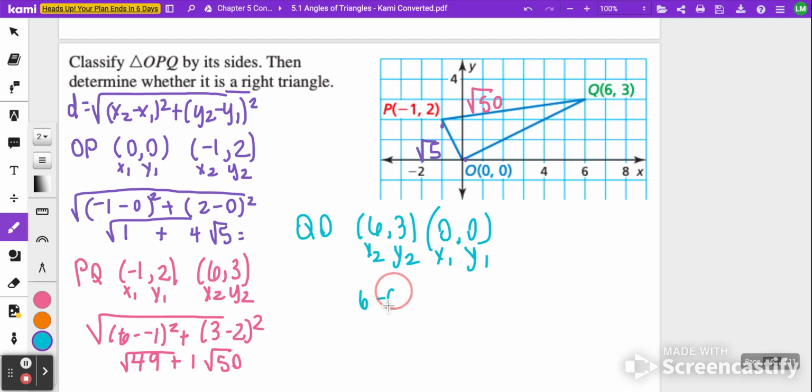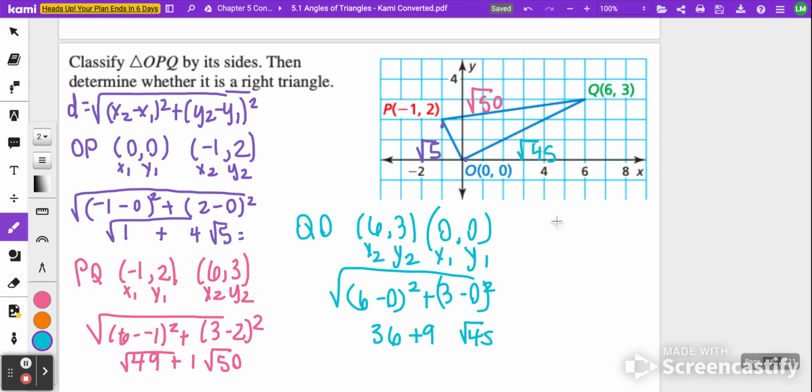So 6 minus 0 squared plus 3 minus 0 squared, square root of that. 6 minus 0 is 6, 6 squared is 36, 3 minus 0 is 3, 3 squared is 9, 36 plus 9 is 45. So I'm trying to find the square root of 45 for this one. And if you notice, they all have different sides. So since they're all different, we can classify this as scalene.